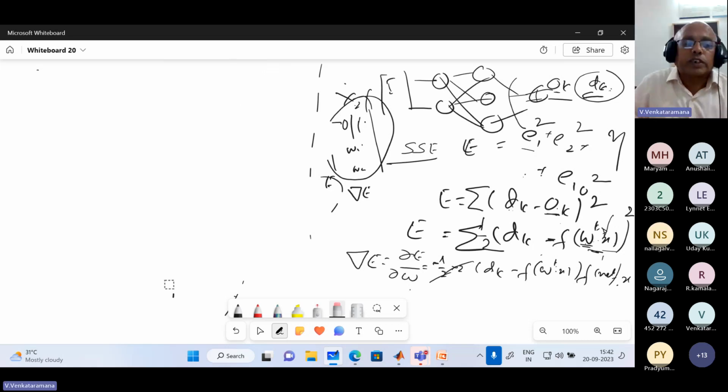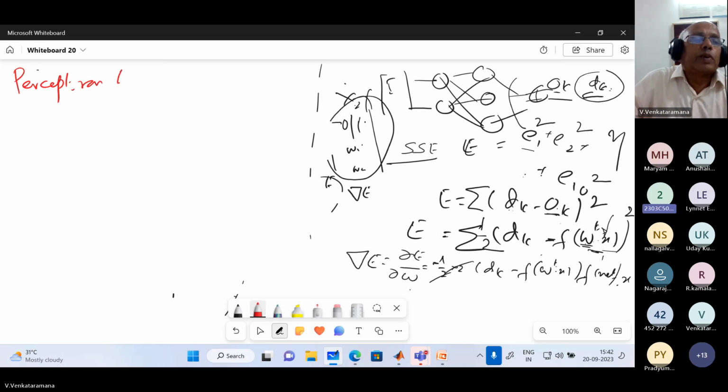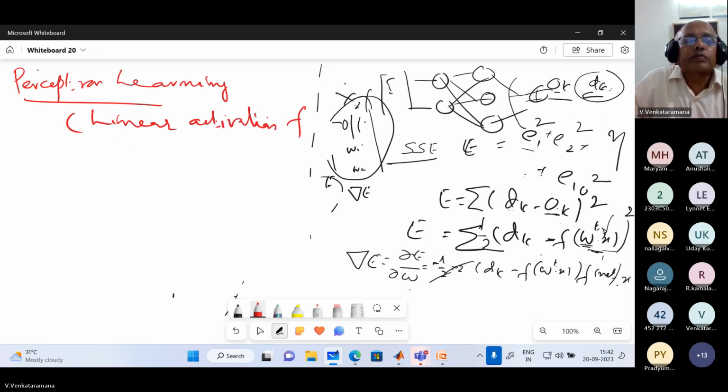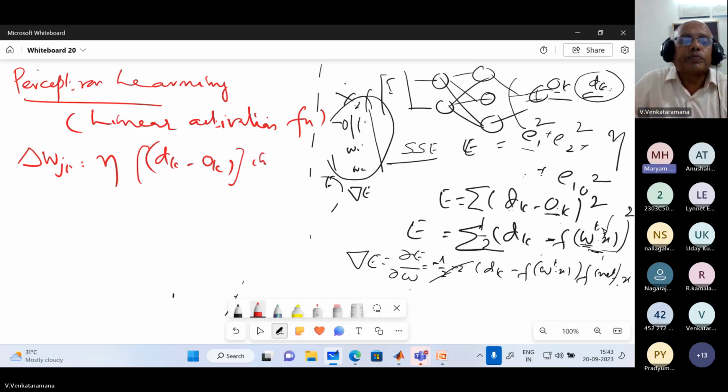In this one, what we have seen, the first one is perceptron learning. The requirement is that it requires a linear activation function. Therefore, the change in the weight expression, what you have seen, is nothing but eta into (dk minus ok) into input, that is what we are calling x.